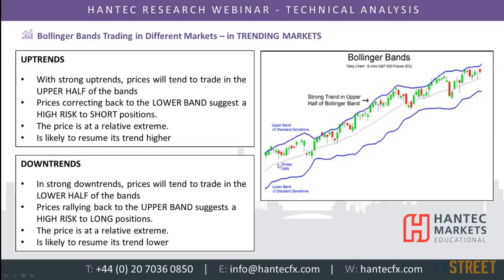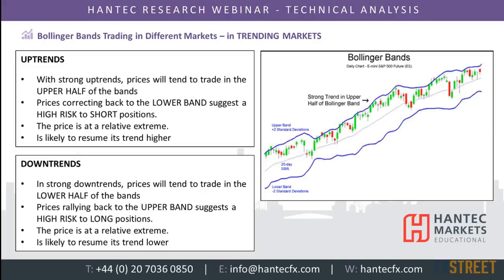It is likely that the majority of the price action is going to take place in the upper portion of the Bollinger Bands, and therefore any price action that comes below the moving average and into the lower half of the Bollinger Bands is seen as one of two things. You can either see that as a buy signal, I believe, or you take it that there is an extremely high risk to any short positions.